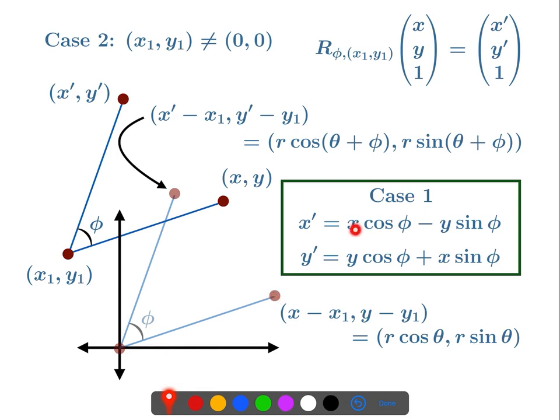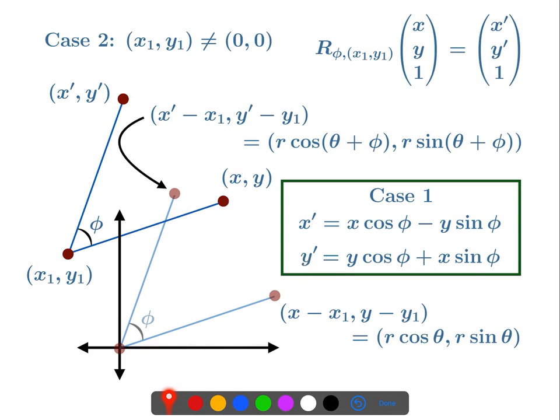So this will become x minus x1. This will become y minus y1. This will be an x minus x1. And this will be a y minus y1. And what about x prime and y prime? Well, that corresponds to this point, which is now x prime minus x1. So this will be x prime minus x1. And the y coordinate will be y prime minus y1 here.